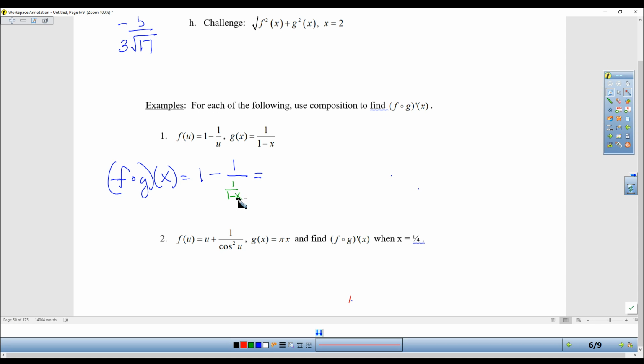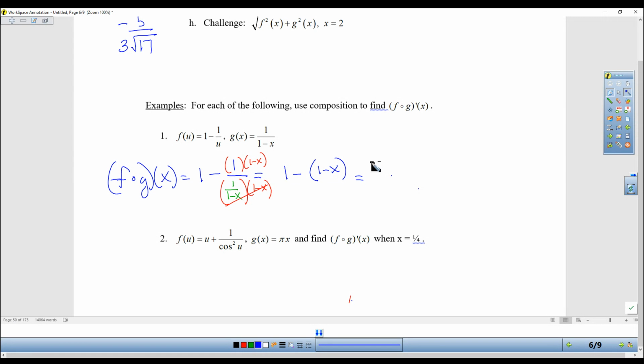So I have a top and a bottom. I'm going to multiply the top by 1 minus x, and I'm going to multiply the bottom by 1 minus x. Why? Because then those cancel. And back to my blue, I get 1 minus, what's left? 1 minus x. On the bottom, just 1, so I'm not even going to write it.